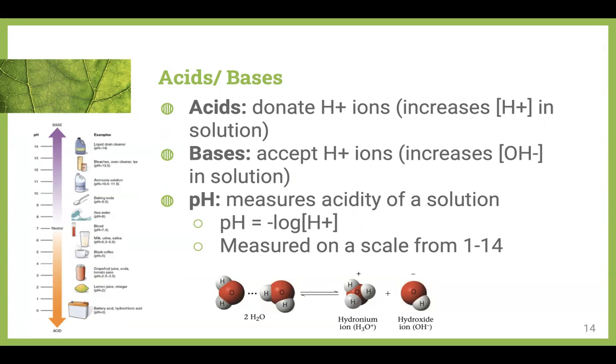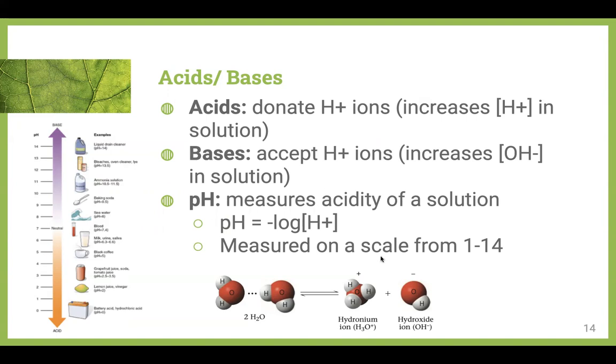And pH is a way of measuring the acidity of a solution, and the pH can be calculated using the negative logarithm of the hydrogen ion concentration. And pH is measured on a scale from 1 to 14, where a lower value represents an acid, while a higher value represents a base, and a pH of 7 represents a neutral solution or substance.